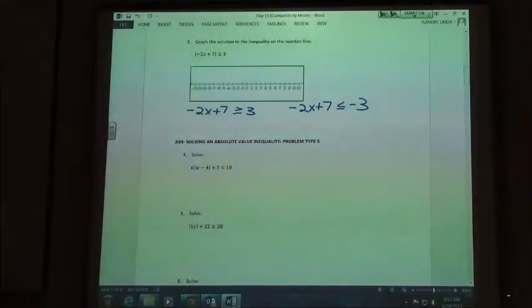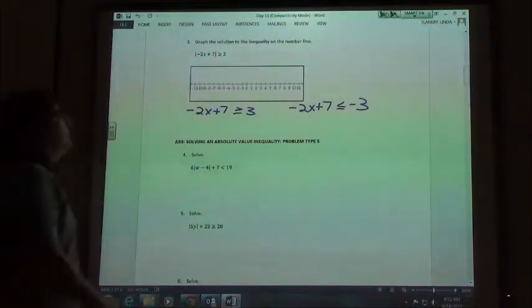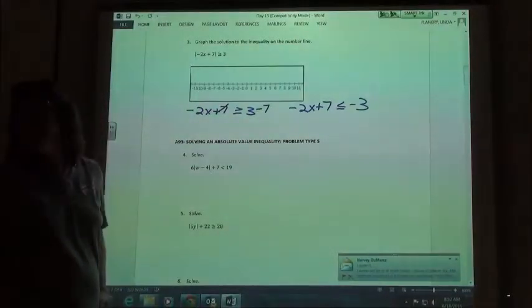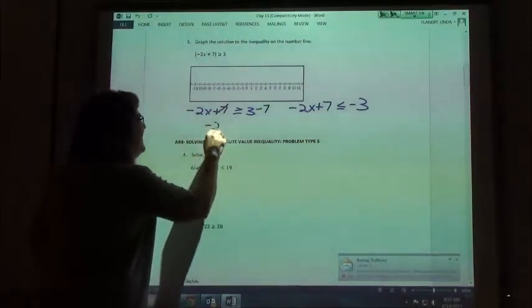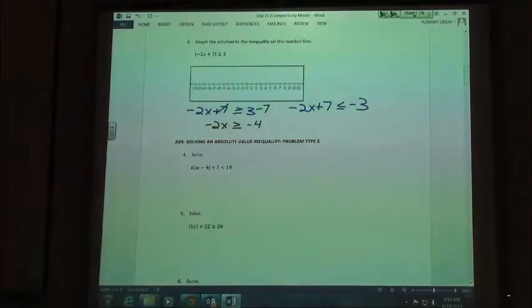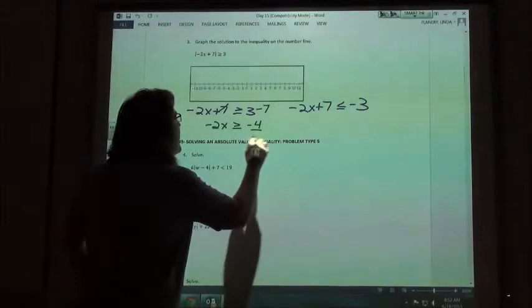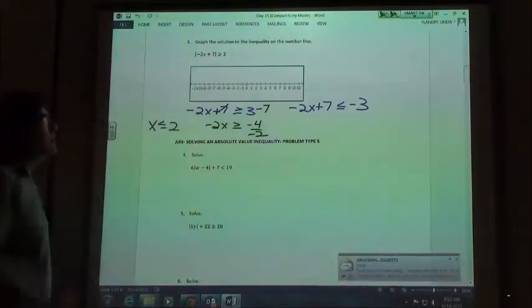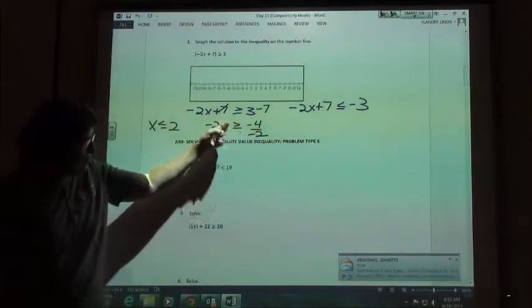So solving that, I would minus my 7, and I get negative 2x is greater than or equal to negative 4. When I divide by negative 2, I would get x is less than or equal to 2. Because I divided by a negative, I have to flip my sign.